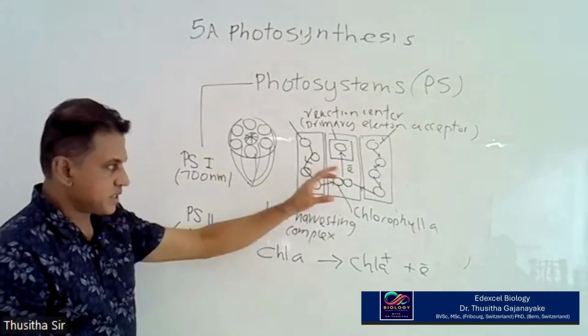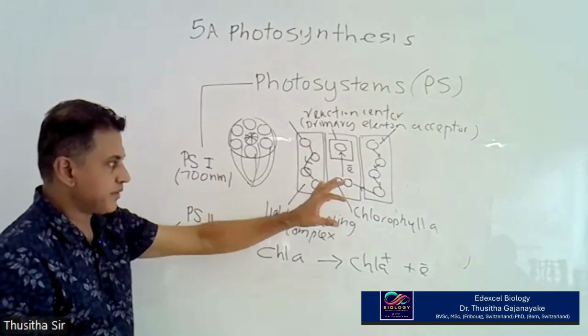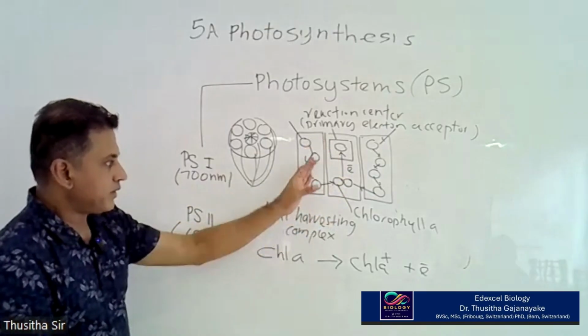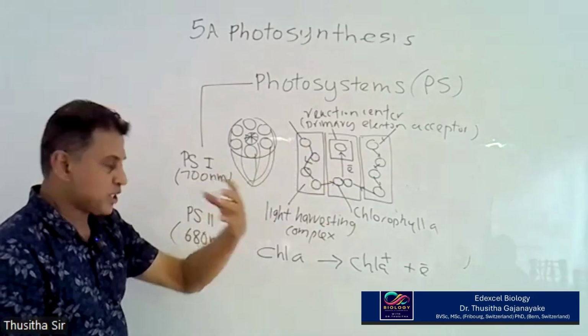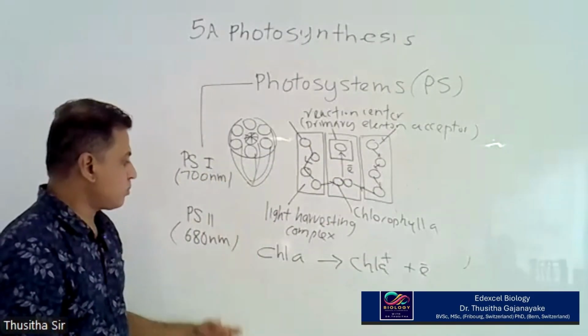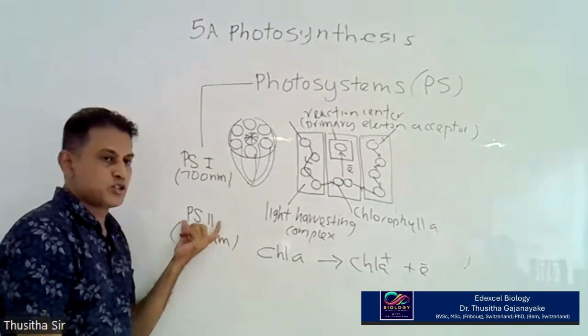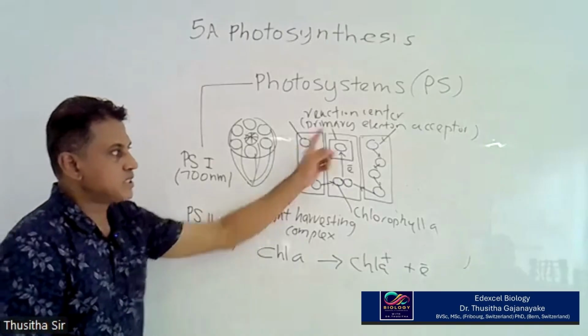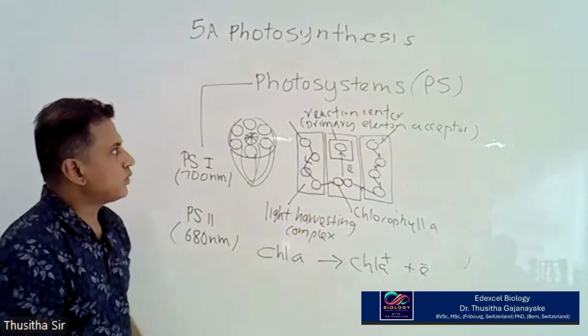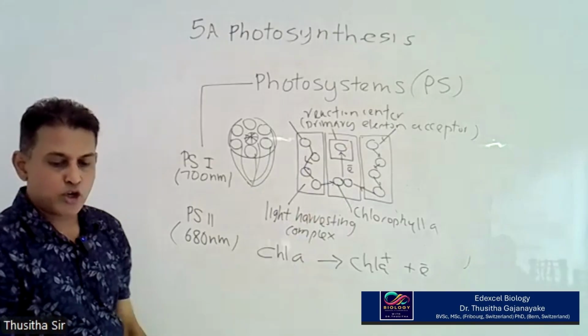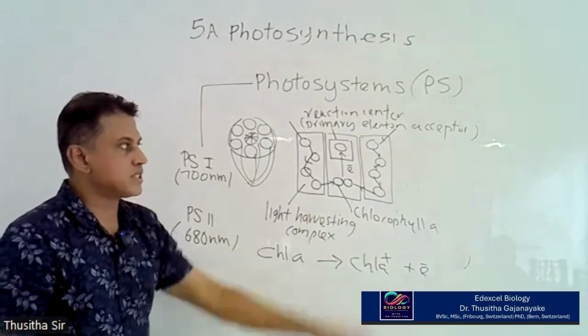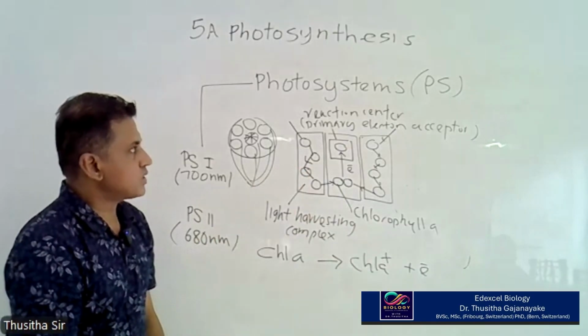They have the same complex and the same appearance, but the only difference is the pigments, how much light they can absorb, which depends on the PS1 or PS2 complex. Otherwise, the basic structure is the same. So that's the last thing we should know to understand the reactions of photosystems.